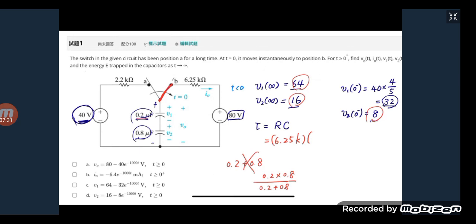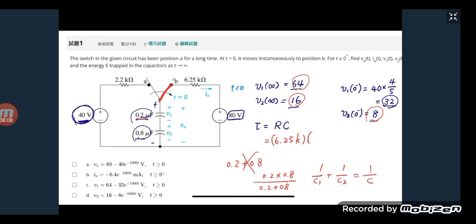Any questions? We know that the series of two capacitors is equal to the sum of their inverses and then inverse again, right? 1 over C1 plus 1 over C2 is 1 over the overall capacitor. Any questions?